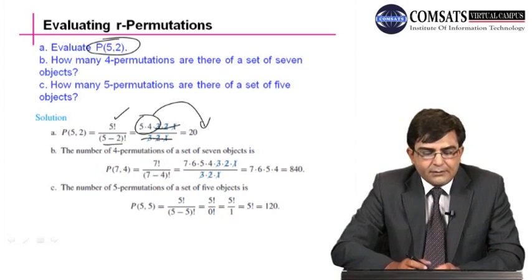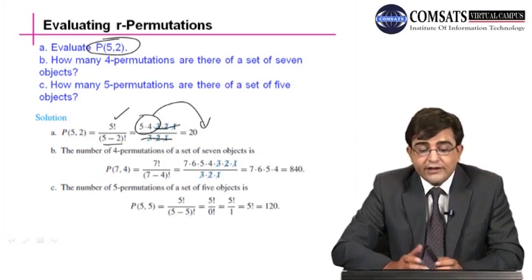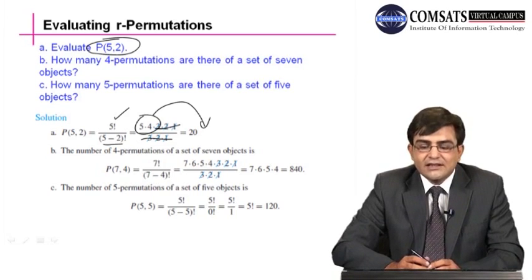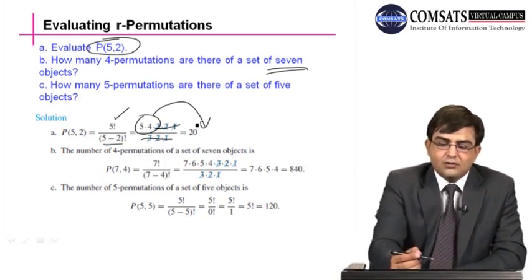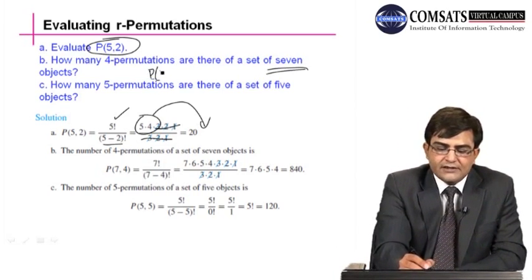Now the B part of this example is how many 4 permutations are there of a set of 7 objects. We have to calculate 4 permutations, meaning the selected elements are 4 out of 7 objects. So we have to calculate p of 7 4.